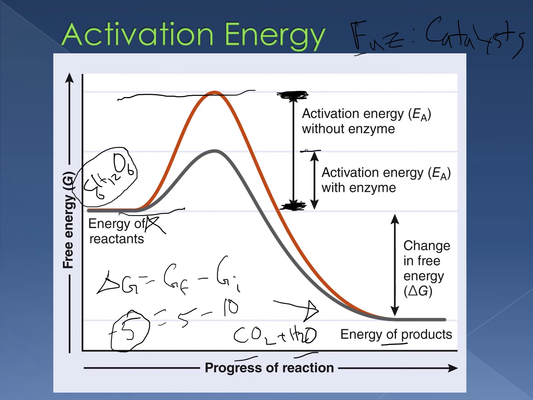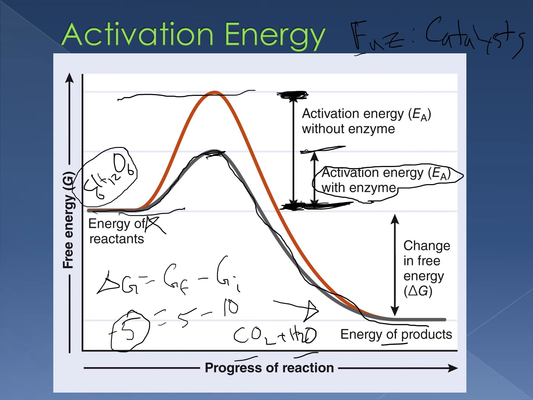Why? Because inside of your cells, there are enzymes. And with the presence of an enzyme, the activation energy is lower. Activation energy with an enzyme, that's this slope here. So with an enzyme present, the reaction can proceed at a lower activation energy, which also often means a lower temperature.